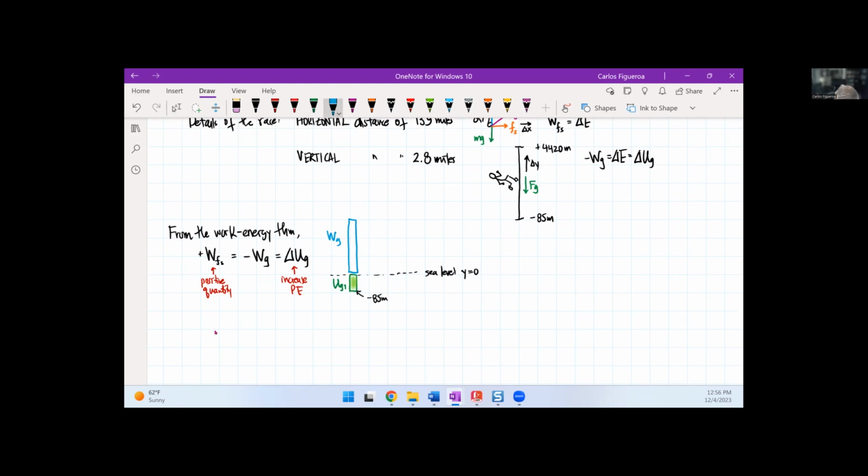That gravitational work is a positive quantity, or I could say it's the work of my legs as I go up. As a consequence, when I combine these two, I have now increased my gravitational potential energy to this point.